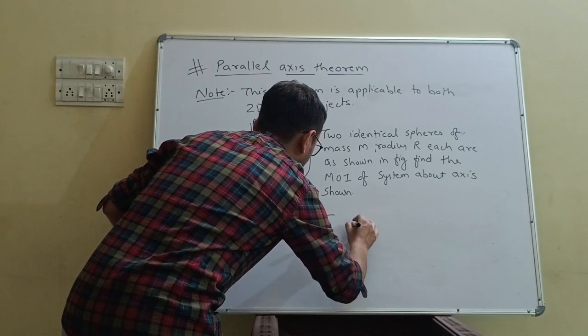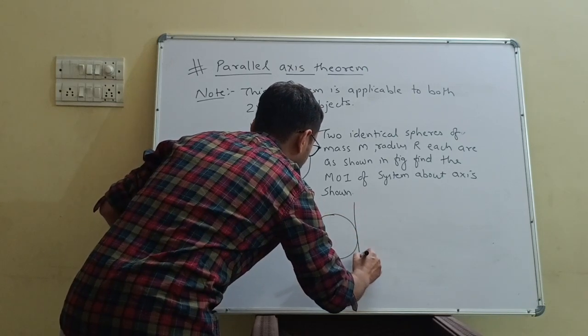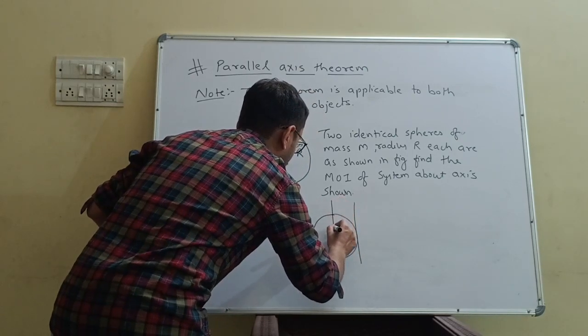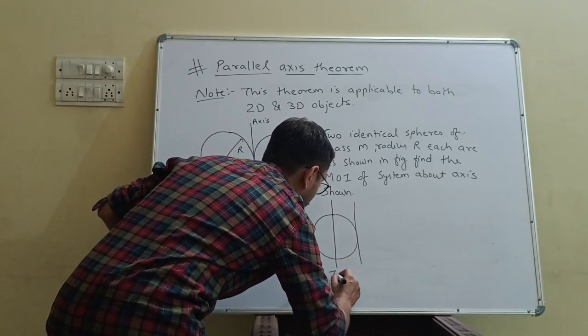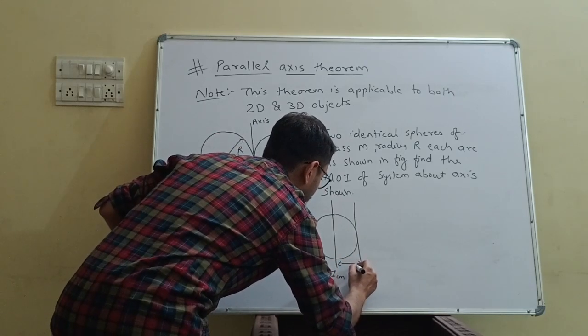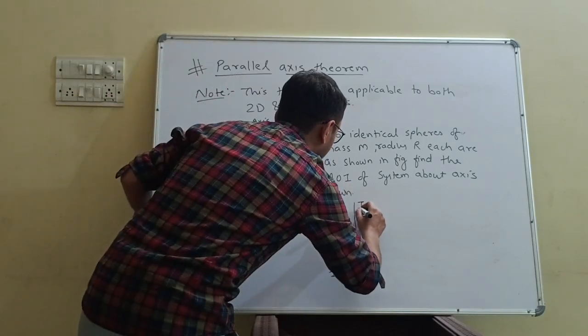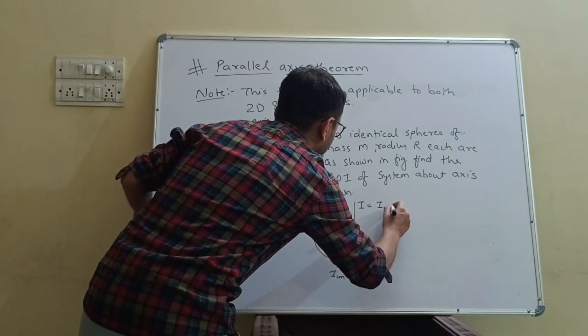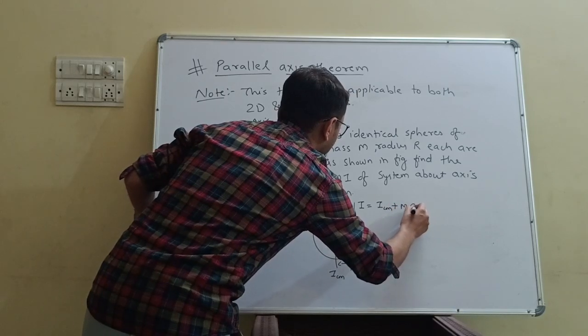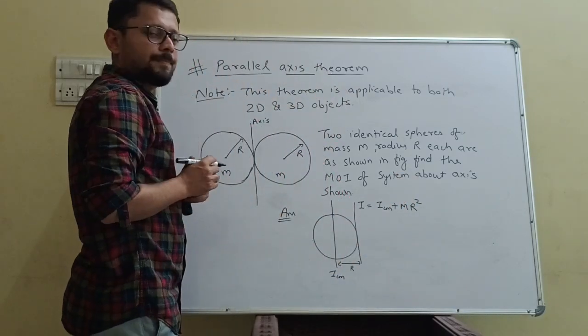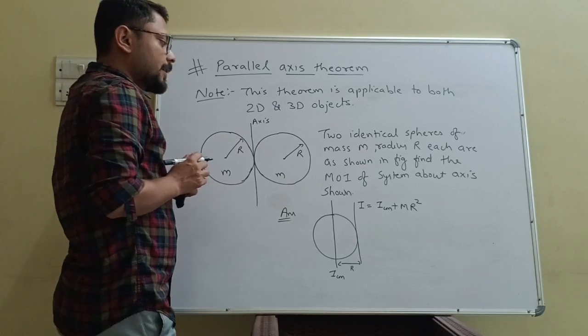So I will write the moment of inertia of one sphere about this axis. I know this ICM, and this distance is equal to r, right? So the value of I will become ICM plus m times r square. Simple as that, right?